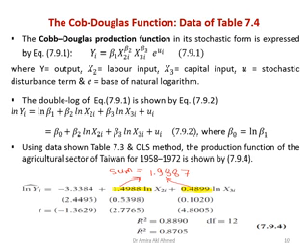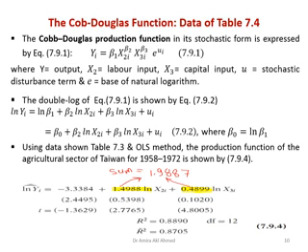Let's consider our second numerical example for the multiple regression model. Recall that in chapter 6 and in the previous lecture, we used the double logarithm transformation to convert the nonlinear relationship of the Cobb-Douglas production function into a linear regression, so that we can work within the framework of the classical linear regression model.